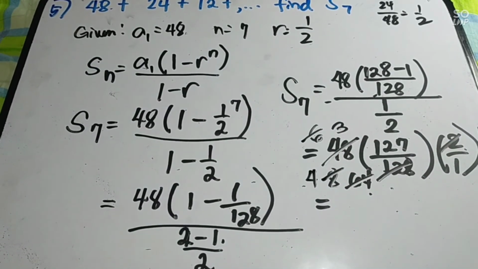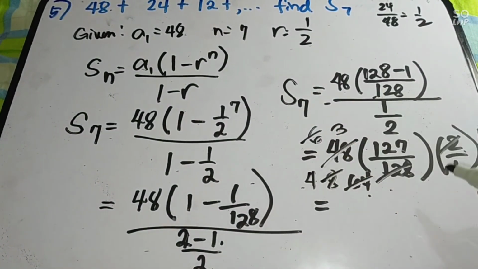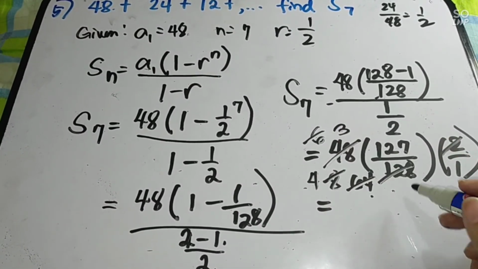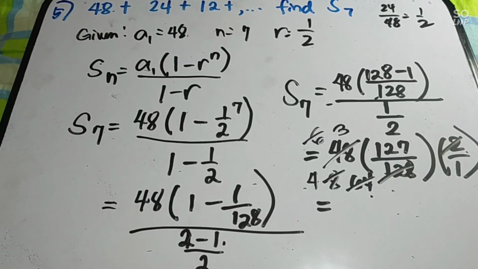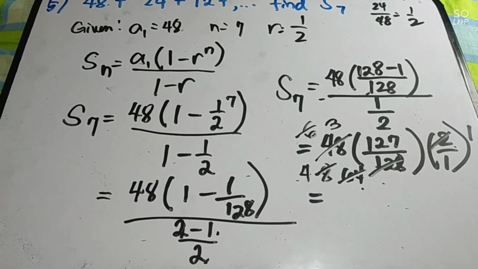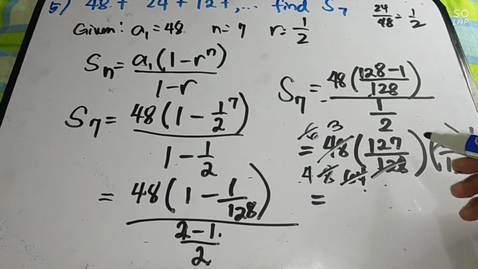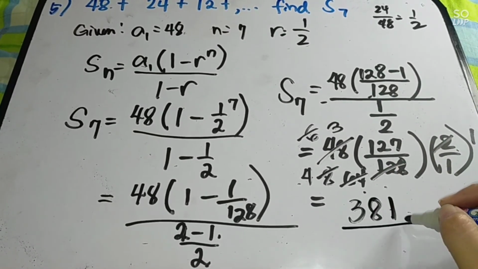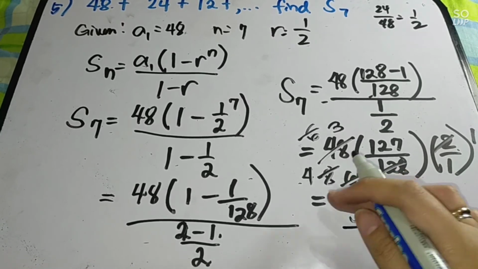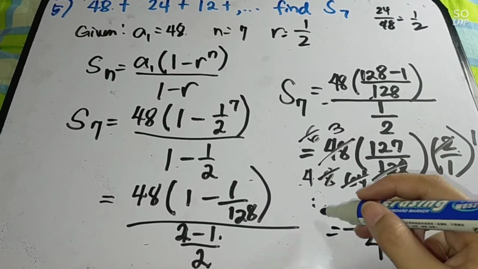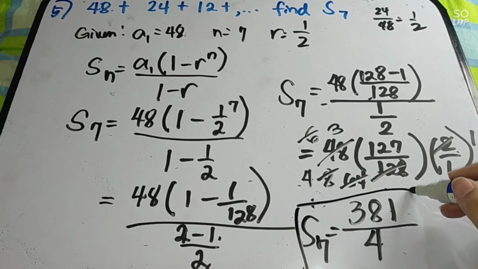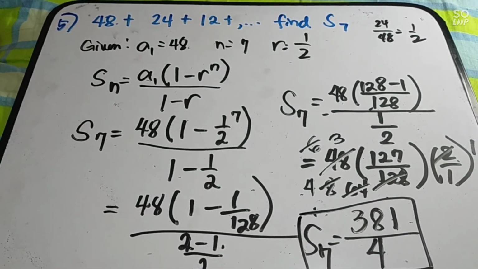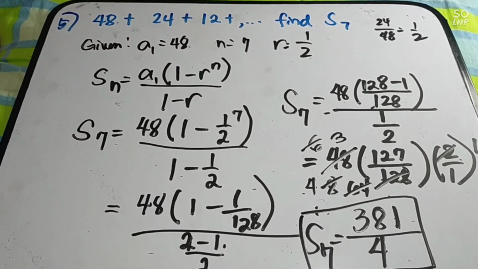So, yan na. That is the simplified form ni 48 and 64, 3/4. Then, afterwards, i-multiply natin yung 3 kay 127. So, 3 times 127, the answer here is 381. Then, just copy over 4. So, this is now your S sub 7. So, that is it. That is the sum of the first 7 terms of the given sequence.